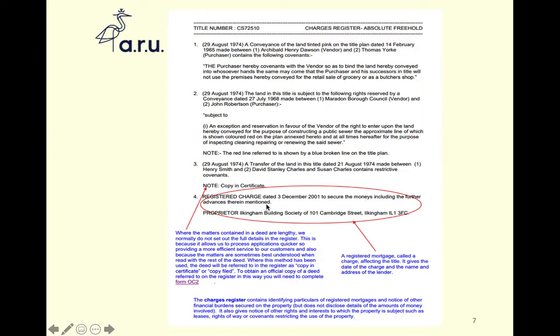So if there are going to be any future advances and repayments, etc. So this appears in the charges aspect of the register, and that articulates interests affixed and attached to the land. It doesn't give the full deed of the mortgage, and it doesn't refer to the terms of the mortgage, but it does register the bank's interest and hold over the land.